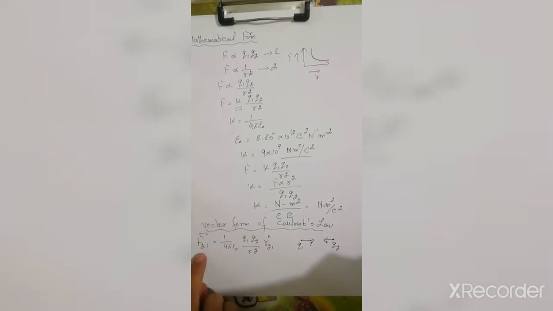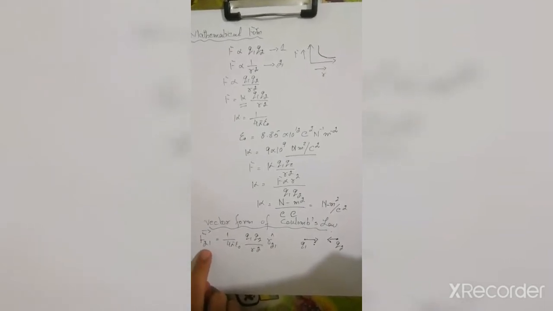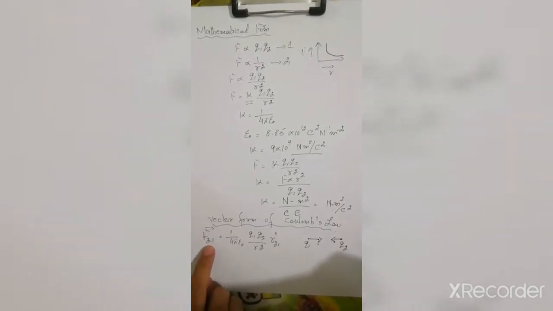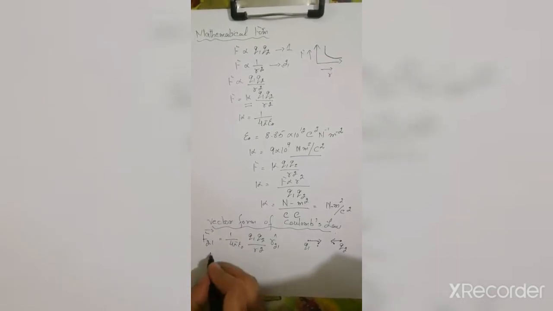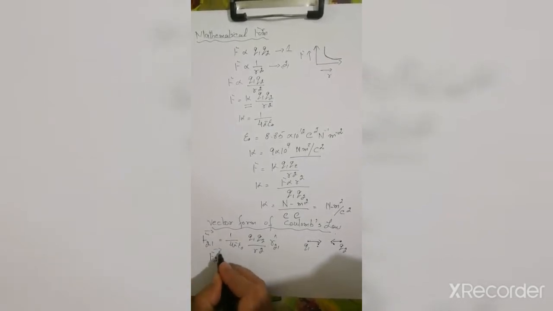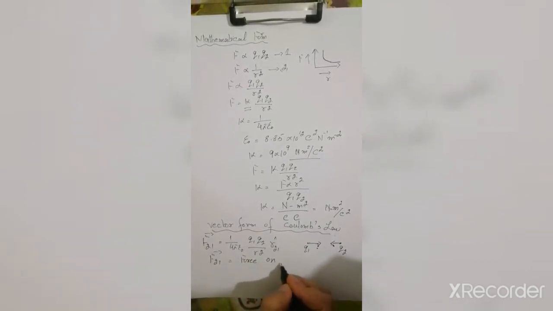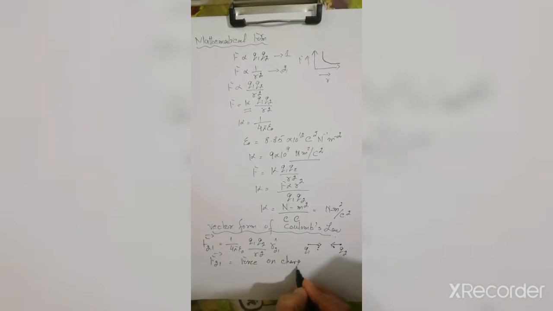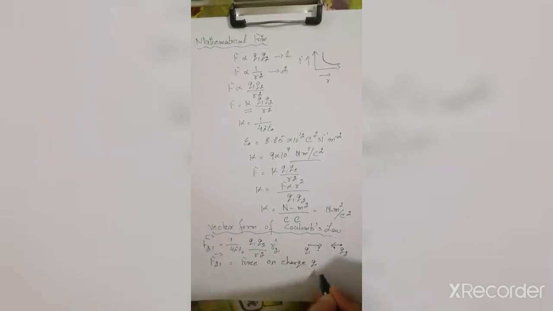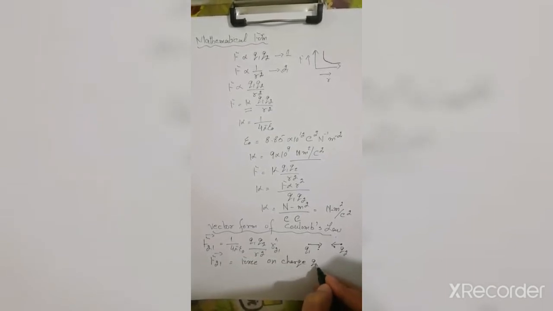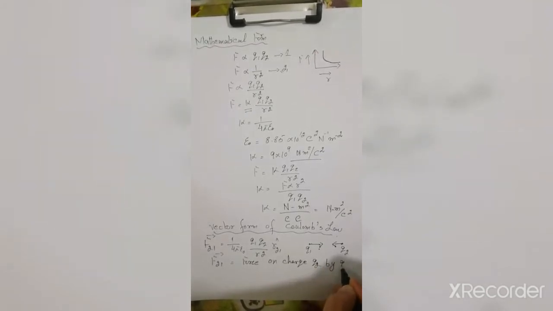F21 is the force exerted on charge Q2 by Q1.